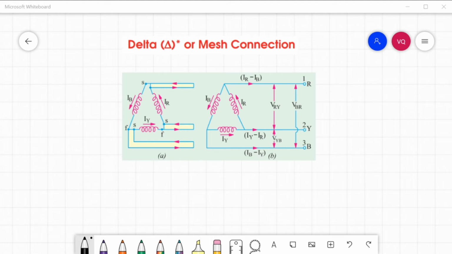In other words, the three windings are joined in series to form a closed mesh as shown in figure B. The three leads are taken out from the three junctions, and outward directions are taken as positive.